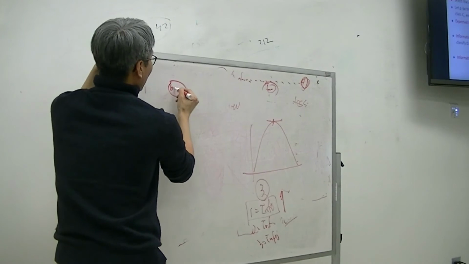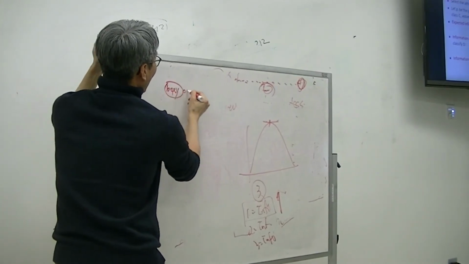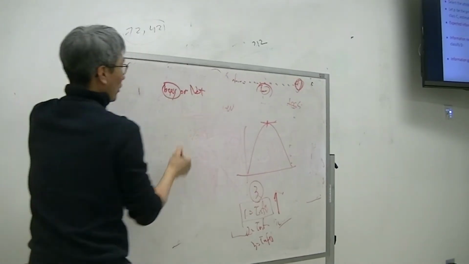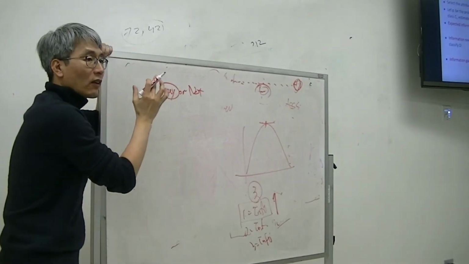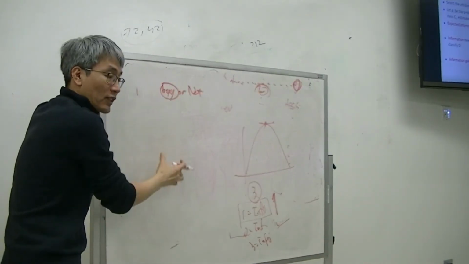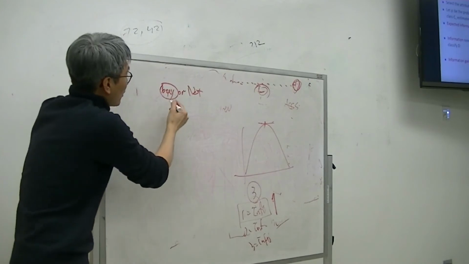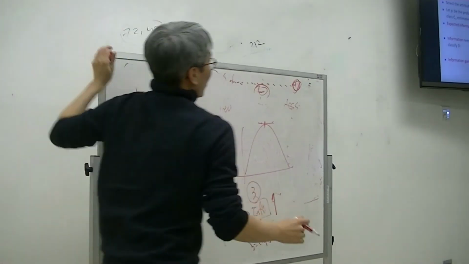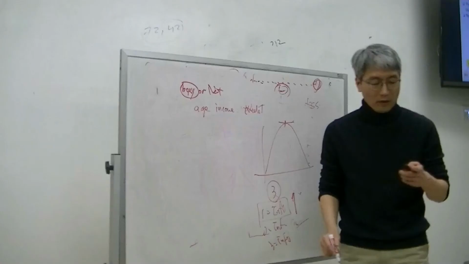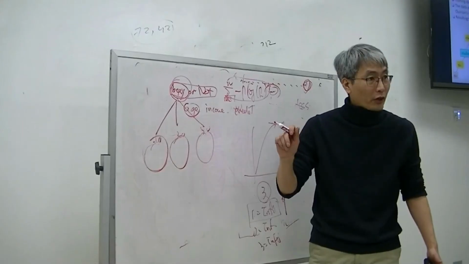So we need to decide the first attribute for the decision tree for buying a computer or not. There are three groups for age, first, before 30.